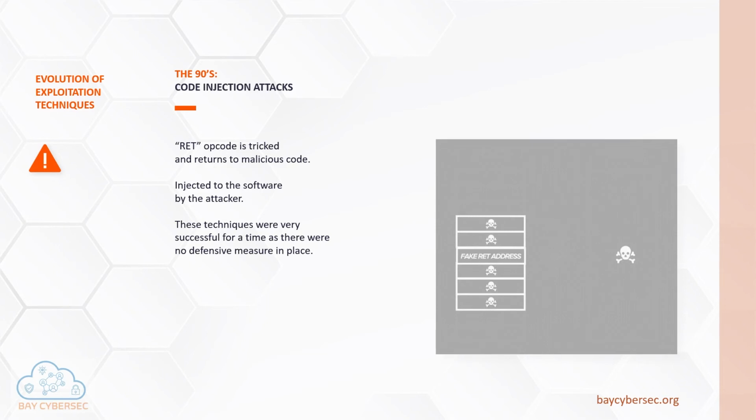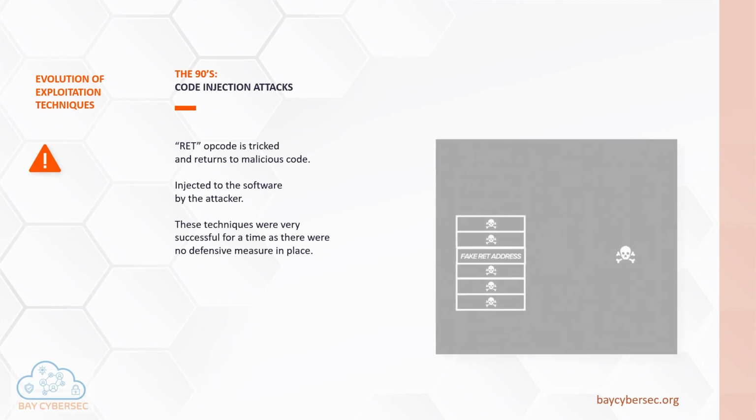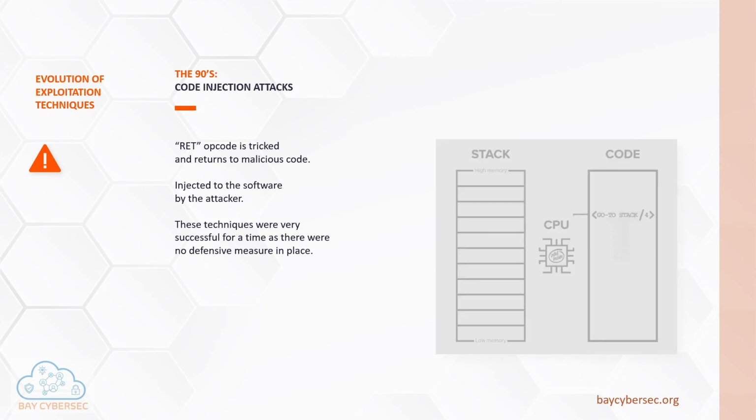Let's say he inputs 14, or actually 18 in this case, so he overrides the return address, and then he can transfer execution to his own place. Where is he going to transfer execution? To an area on the stack that he inputted, what we call shell code. Shell code is basically the opcodes that the attacker chose to run, which you can see here, and now he can execute his own code.